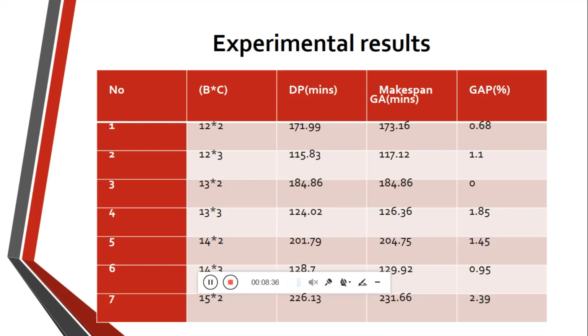In this case, we add the genetic algorithm result time as shown in this table. Then for the genetic algorithm, we make our objective function optimal.